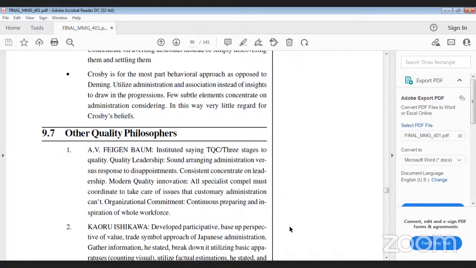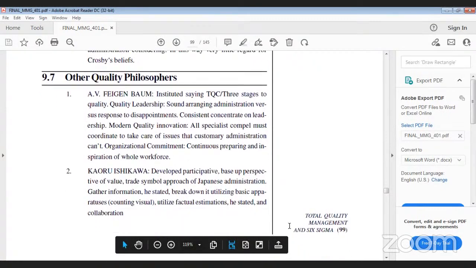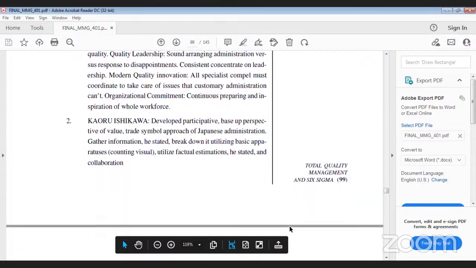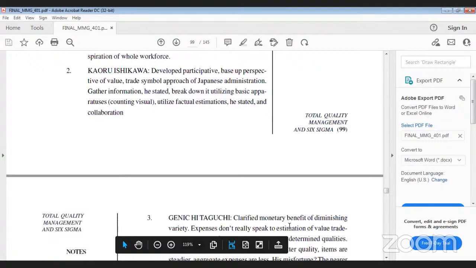Next philosopher is known as Kaoru Ishikawa. He has developed a participative base of perceptive worldview, trade symbols approach, and Japanese animation. He stated breakdown in utilizing basic opportunities and continuous visuals.